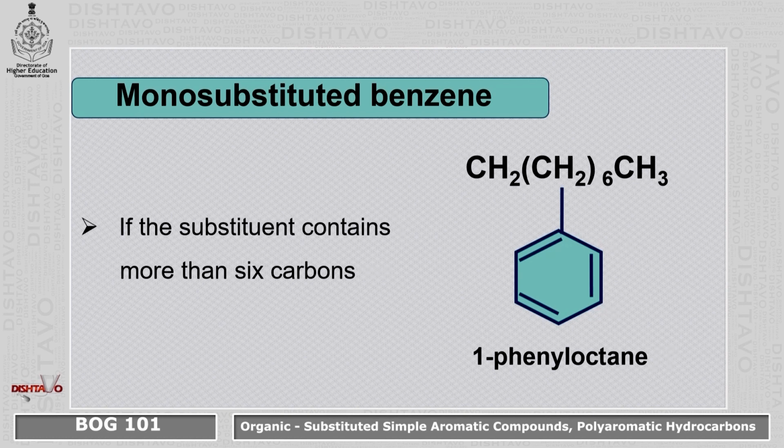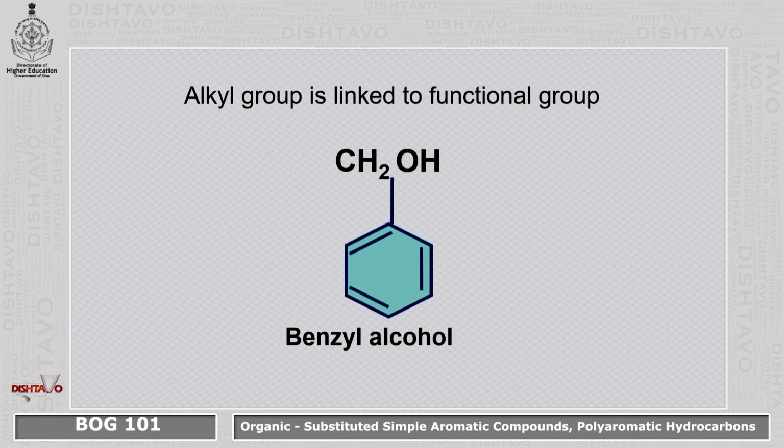If the substituent contains more than 6 carbons, like in this case, we have 1-phenyloctane. But if we have an alkyl group attached or linked as a functional group to the benzene parent compound, we have benzyl alcohol.